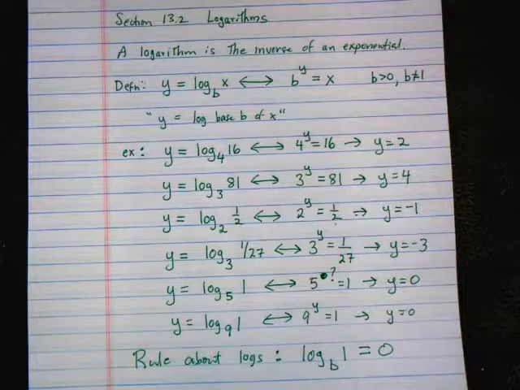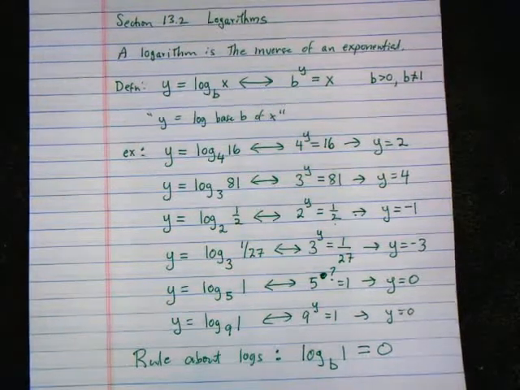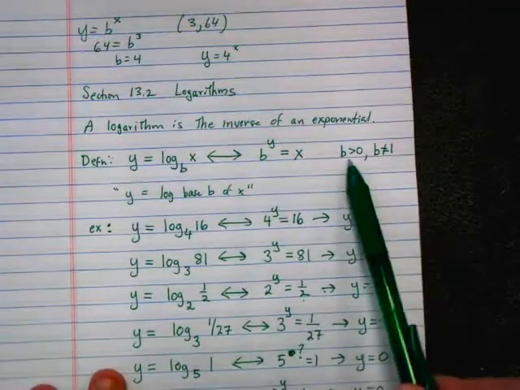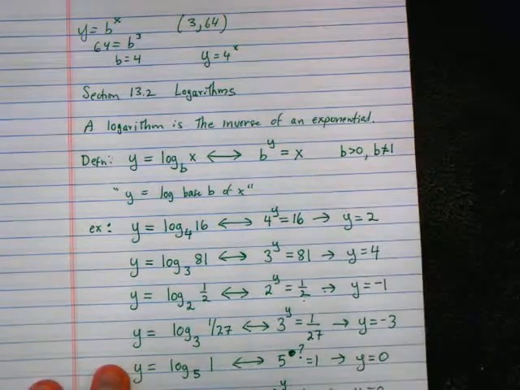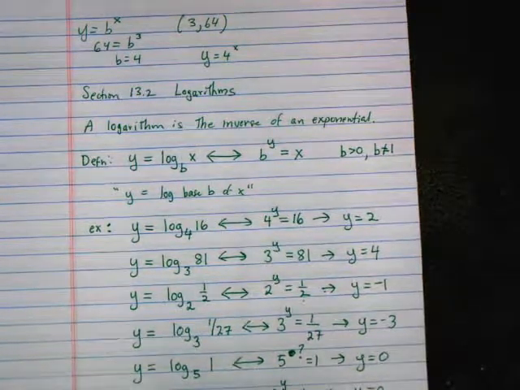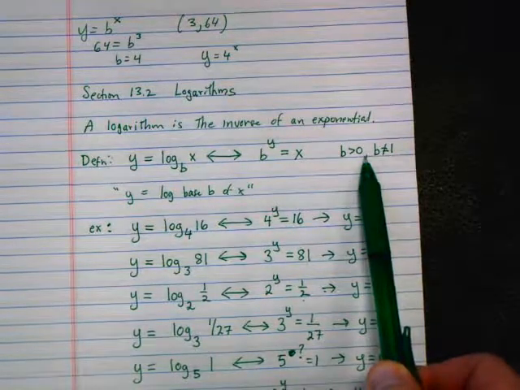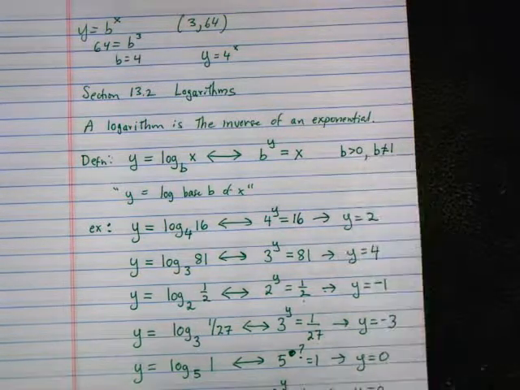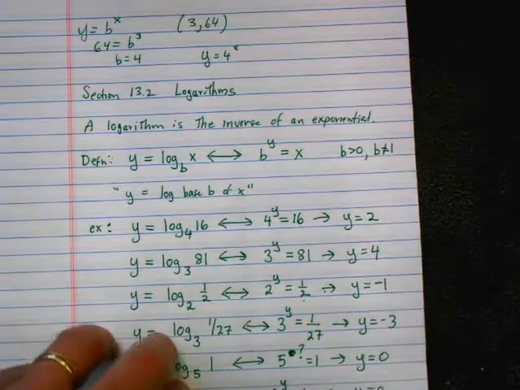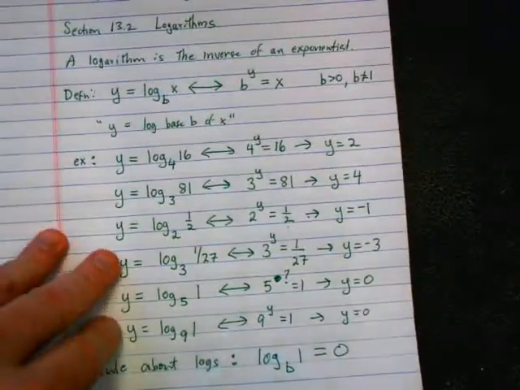Always. My base can't be 0 because my base has to be bigger than 0 and my base can't be 1. B is bigger than 0, which means it can't equal 0.